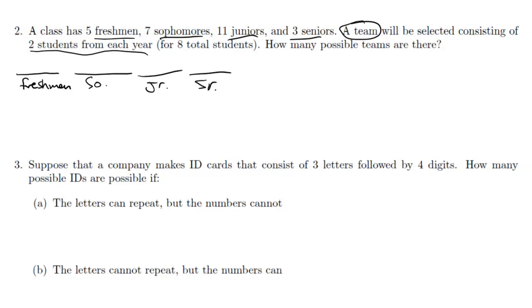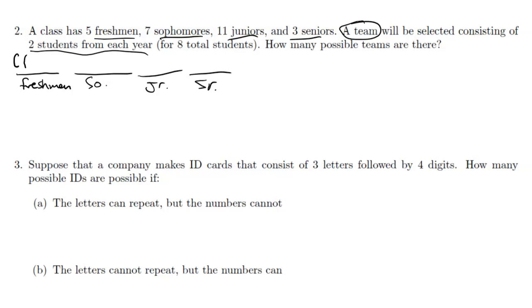So as we start to work through it, let's start to write out what these would be. So when I pick freshmen, well, really, I'm picking a team of freshmen. So what that would mean is I need 2 students from the 5 freshmen, but they're just a group. So we're going to use a combination to count them.